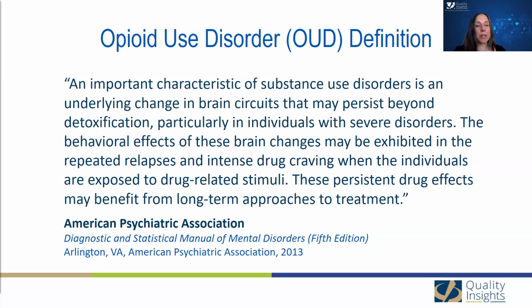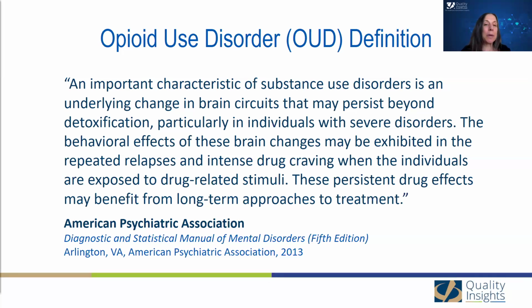It says an important characteristic of substance use disorder is an underlying change in brain circuits that may persist beyond detoxification. That means if an individual with an opioid use disorder comes off of an opioid and they're not taking the opioid anymore, they still have the brain changes that make them have an opioid use disorder.